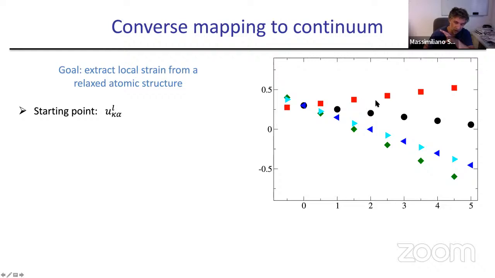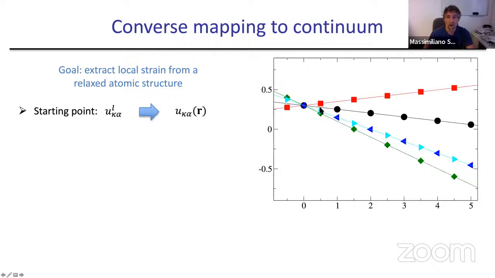Something that we might want to do is having an atomic structure, which I plot here as a set of lattice distortions, and have as a goal to extract from this structure a macroscopic information, which in this case is the strain. So we start from here.